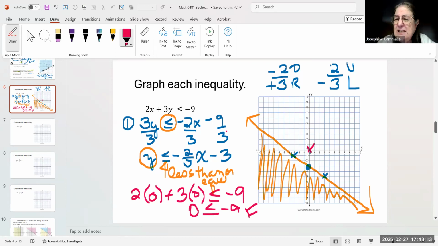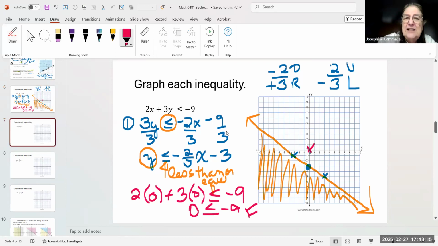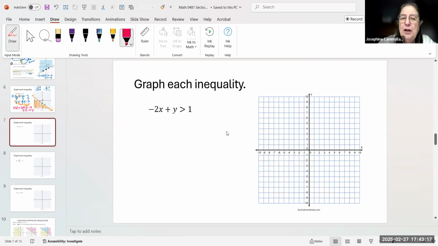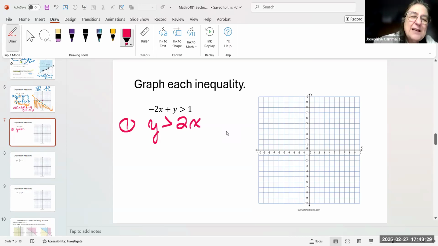See how easy it is? Let's try it again. Okay, solve for y. Well, this one's a little easier. This is y greater than positive 2x plus 1. Oh, that was easy to do. 1 is going to be right here.